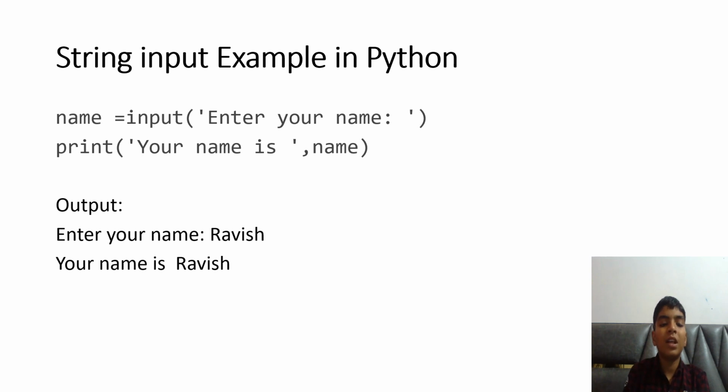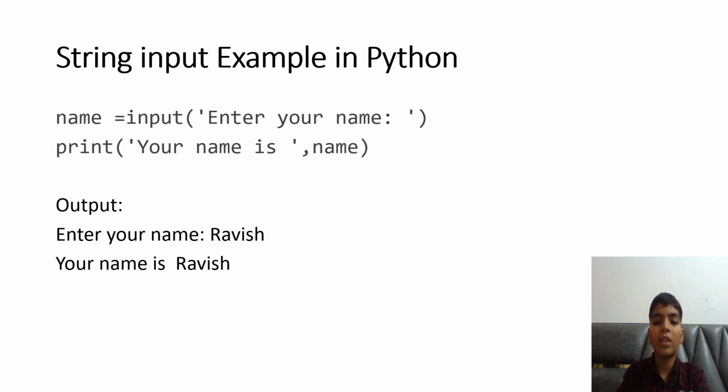So you can see name is equal to input, enter your name, and in print you can see this line in quotes and then a comma, and you are writing name. Name is here a variable so it will not print name because it is not in quotes.